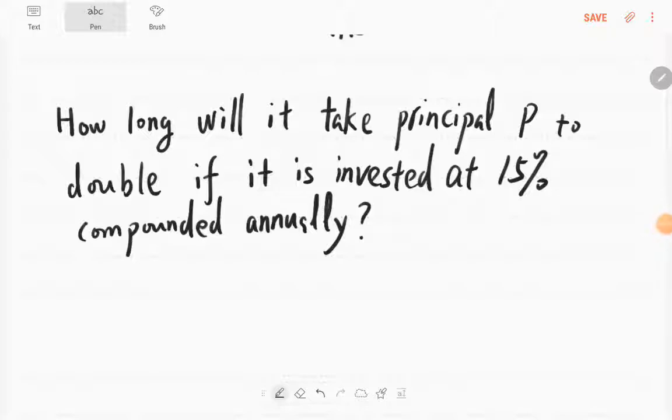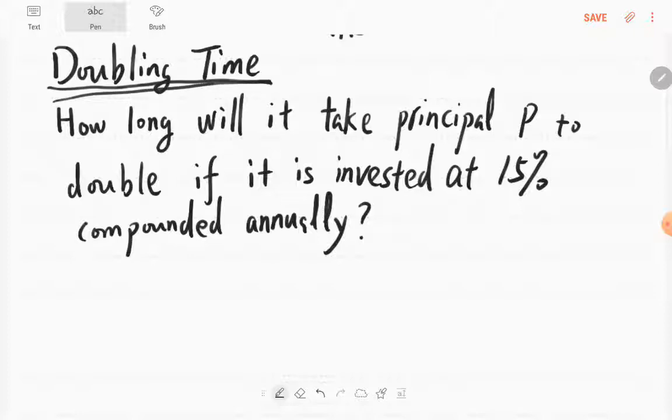So this is an example which is called the doubling time. It means how long will it take the principal P to double if it is invested at 15% compounded annually.